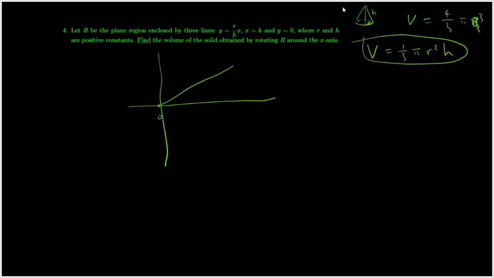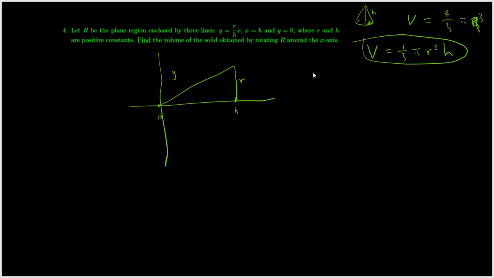The setup is something like this. That's the x coordinate of h. That's the height of that line segment, r.